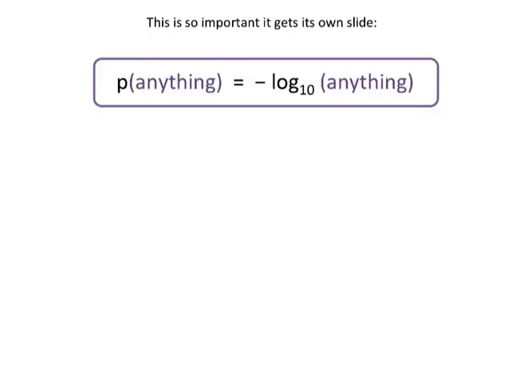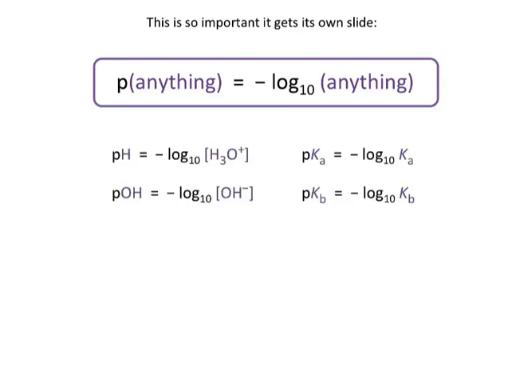Now, this idea extends beyond H, right? So you can have pOH, you can have pKa, pKb. So P anything in our chemistry context is the negative log base 10 of anything, whatever that is. I already gave you the suggestions, right? pH, pOH, the acid and base equilibrium constants, Ka and Kb, they're again special equilibrium constants that we denote with a different subscript.